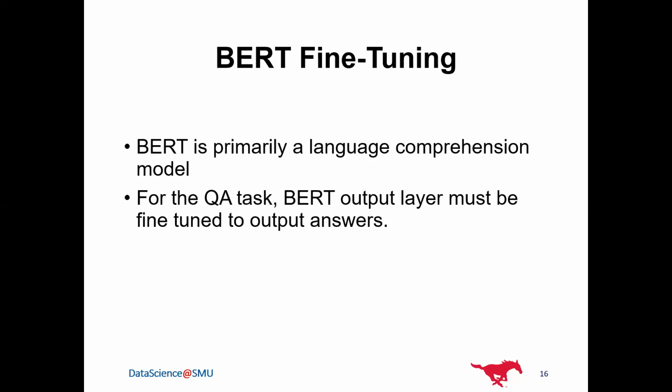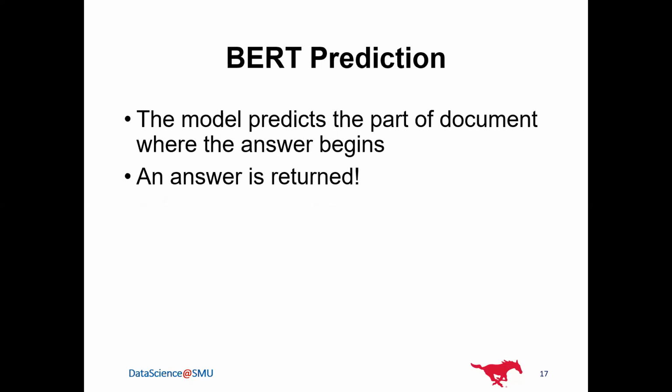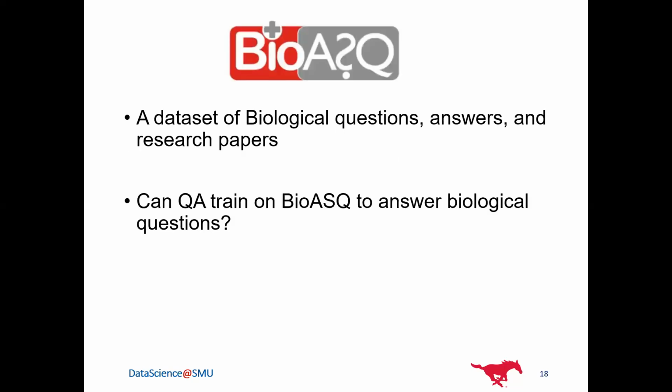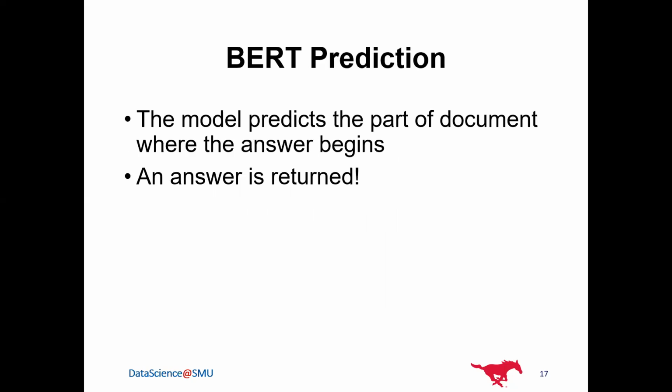For the QA task, BERT requires the output layer to be fine-tuned to output answers. Now that the BERT model is trained, it can generate answer predictions by predicting the segment of a document where the answer begins and ends.